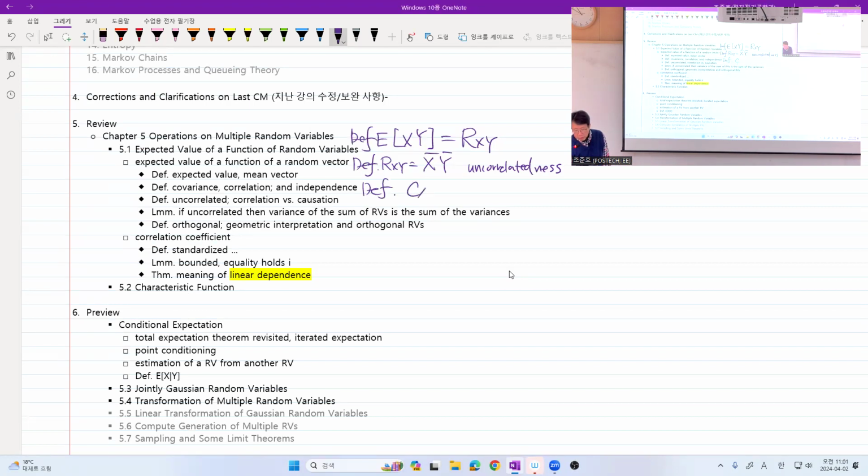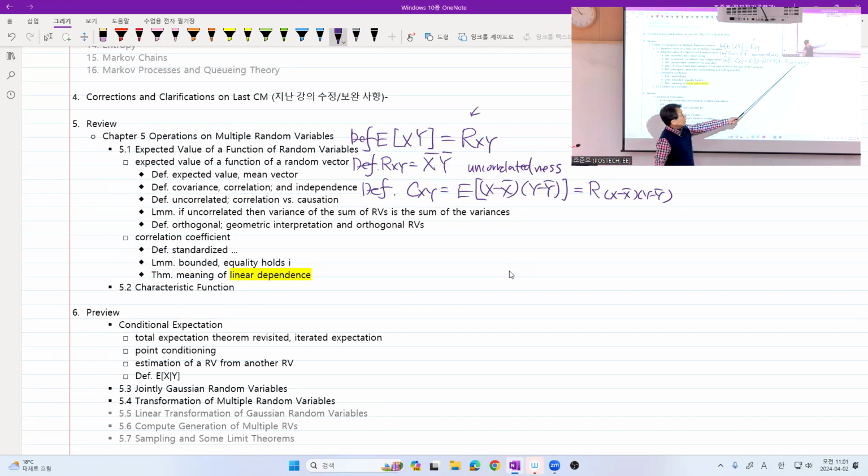What was the covariance between two random variables X and Y? You subtract the means from the random variables, and then you compute the correlation. If you keep this notation, you can even write it this way: X minus X bar times Y minus Y bar. So it's the correlation between the centered versions of the random variables.